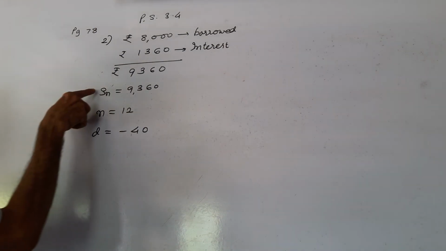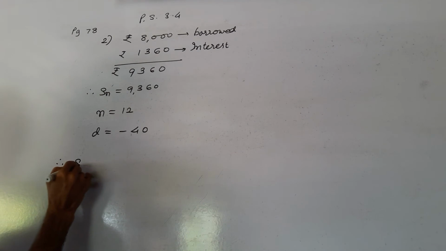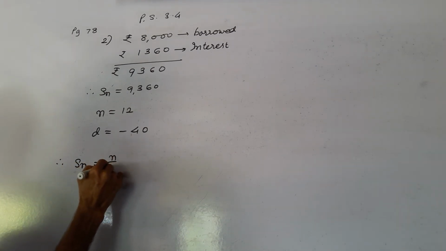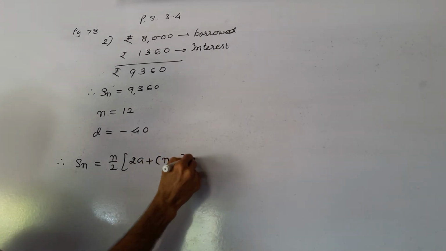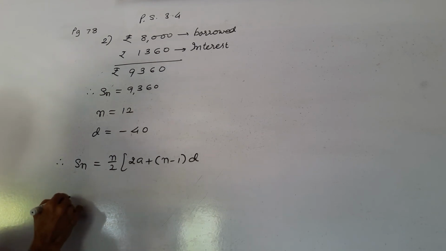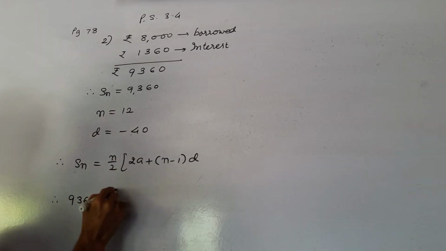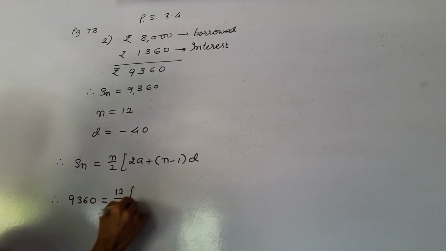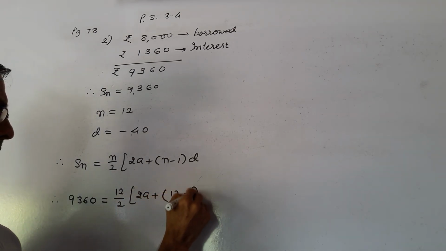And we have to find the first and the last installment. So here again 3 numbers are there, 1, 2 and 3. Therefore we write Sn equal to the formula n upon 2, 2a plus n minus 1 d. In place of Sn we will write 9360 is equal to n is 12, 12 upon 2, 2a plus 12 minus 1 into d.